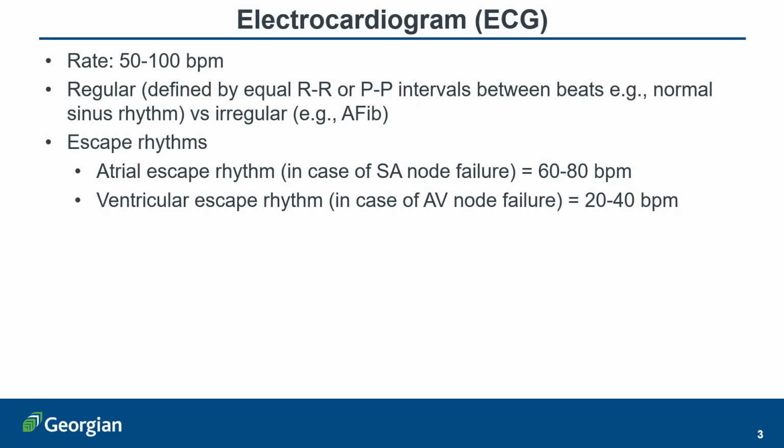If both the SA and AV nodes have become dysfunctional, then the Purkinje fibers, or the conduction system in the ventricles rather, to be more precise, will take over, and so now you have a ventricular escape rhythm. In that case, the heart rate will drop even further. Bradycardia is going to be significant with a heart rate of 20 to 40 beats per minute. Long before then, a pacemaker will have to be implanted.